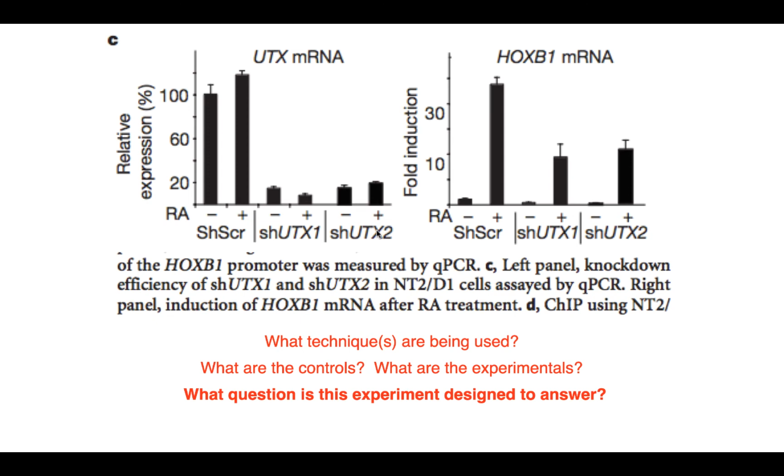Let's take a look at the cells that express our negative control, the microRNA that targets scrambled messenger RNA. One batch of these cells they incubate in the presence of retinoic acid, and one batch they incubate in the absence of retinoic acid.